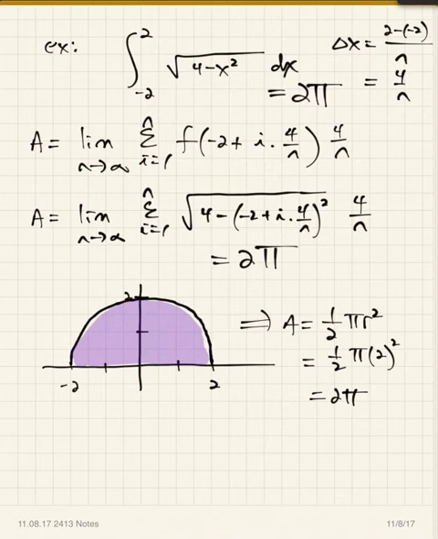One way is to go through the limit of the sum process and actually calculate the limit of the sum, which is a messy algebra problem. And we've also seen a few examples here at the end of regular geometric figures. Well, the first one's not always going to be practical, and the second one won't always be possible because you're not always going to get a nice geometric figure. So we have to explore other ways to evaluate these definite integrals, and that's what we'll be doing next Monday.